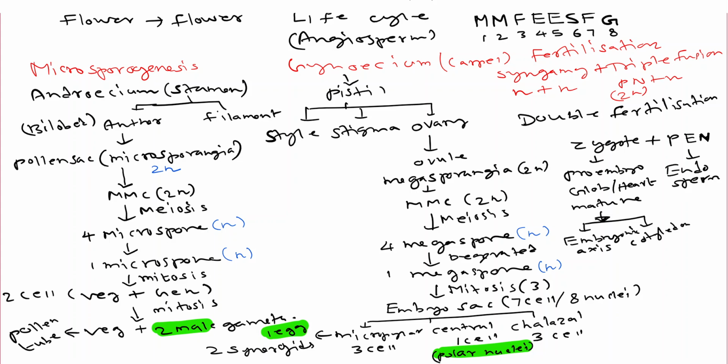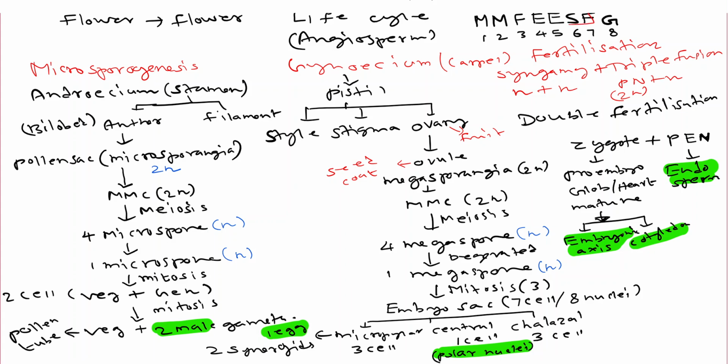This is literally going to get packed. That means this embryonic axis, cotyledon, and endosperm are all packed as a seed. Along with the ovule, the seed coat and ovary will form a fruit and fruit wall. So this is the formation of seed and fruit.